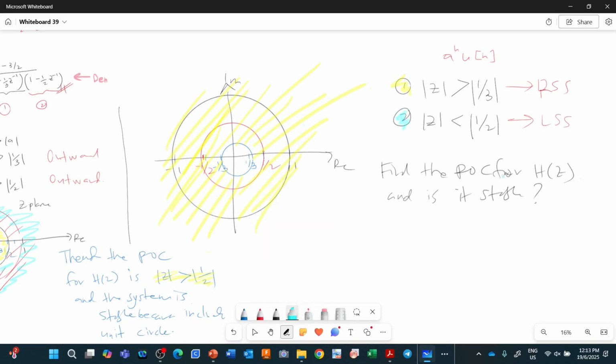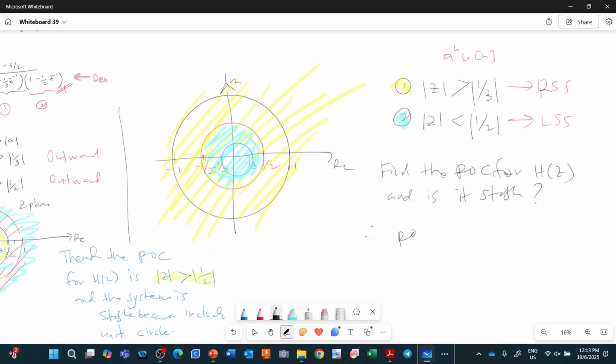Z less than 1/2 means that it is inward. The ROC is inward type. So inward type is this one. So in order for you to determine the ROC, you need to have both of the sketches overlap.